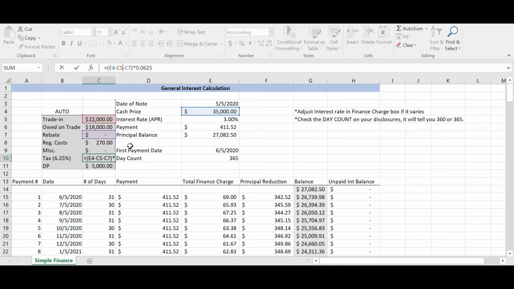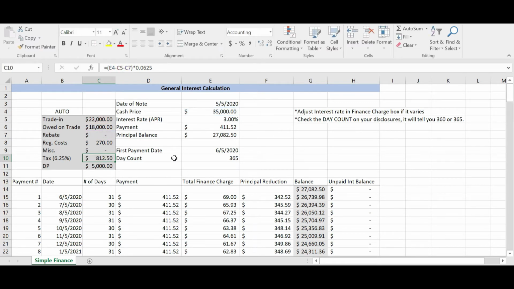So that is pretty important because that results in a tax savings if you want to take that into consideration when you're looking at whether or not to trade in a vehicle versus sell it outright and use that as a down payment. There's always going to be some tax savings there.